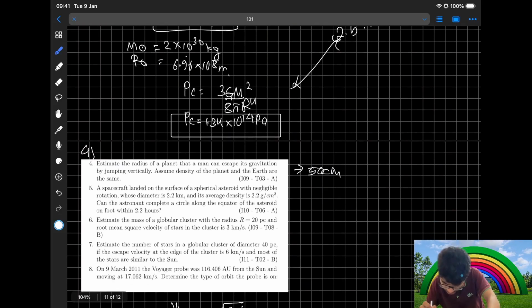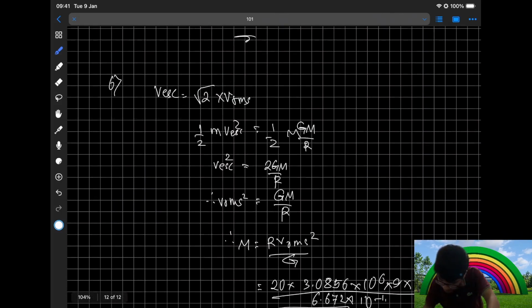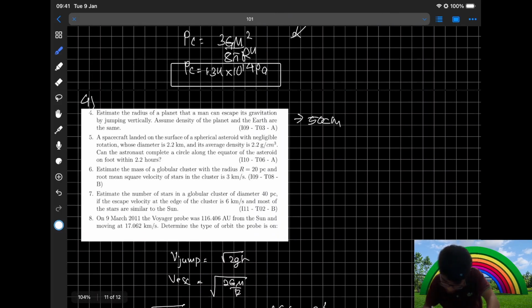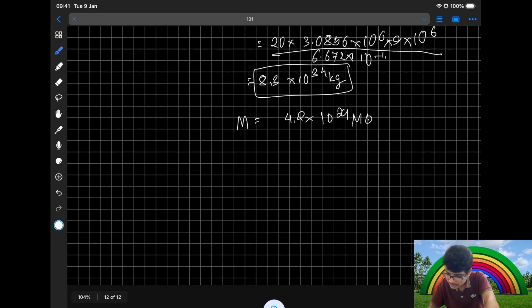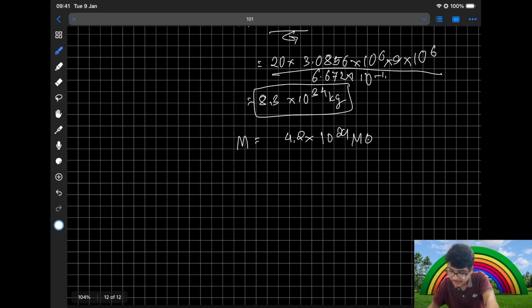Easy one. The mass of the globular cluster is larger than the sun by a large factor, because the mass of the sun is 2 times 10 to the power 30 kg. So just divide by that and you get the relation.